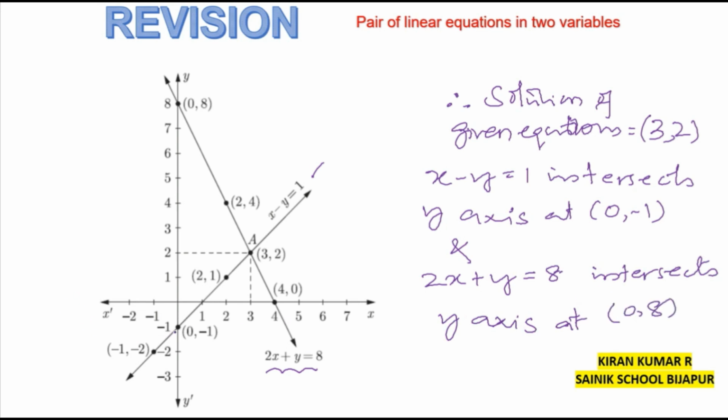Here they have asked what are the coordinates where the lines intersect the y-axis. So the coordinates are (0, minus 1) and (0, 8).